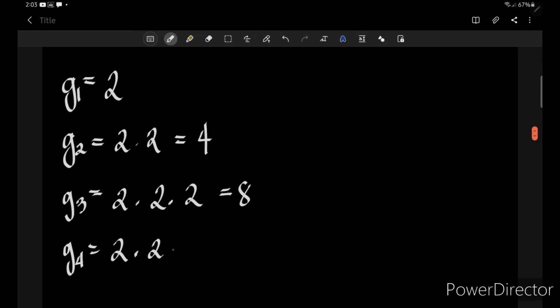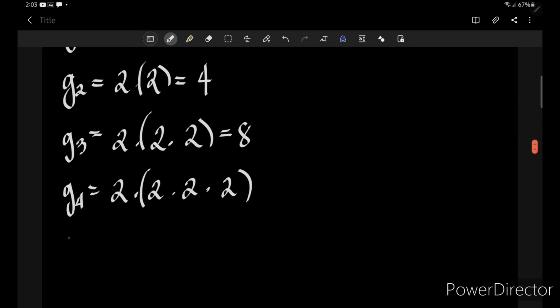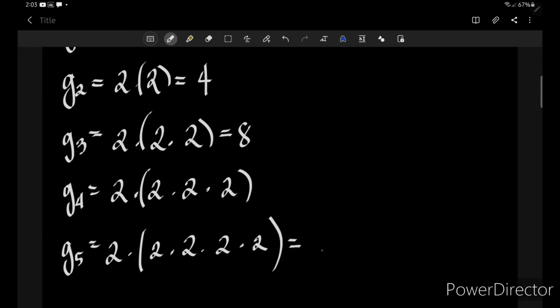And we have 2 times 2 times 2 times 2. So, ito yun. 3 times, 2 times, 1 time. Okay. Next, we have g sub 5. At this time, we have to multiply 4 times to obtain 32. Here in g sub 4, we have 16.